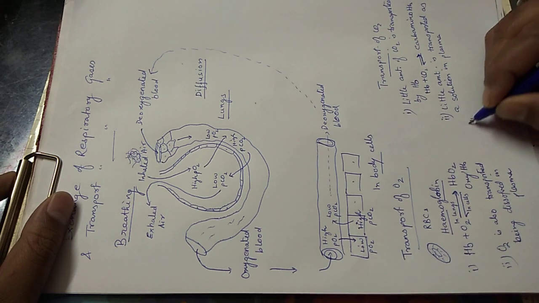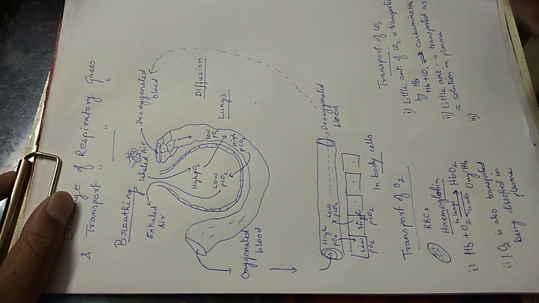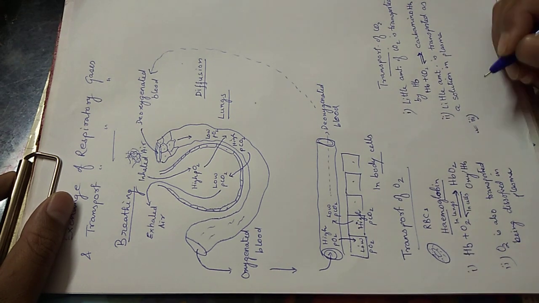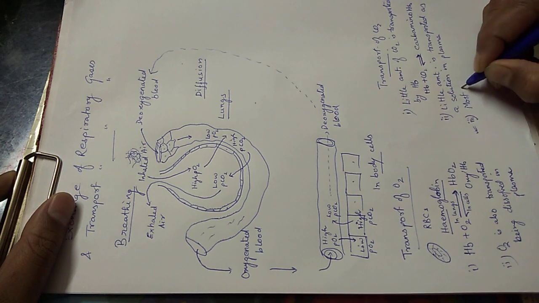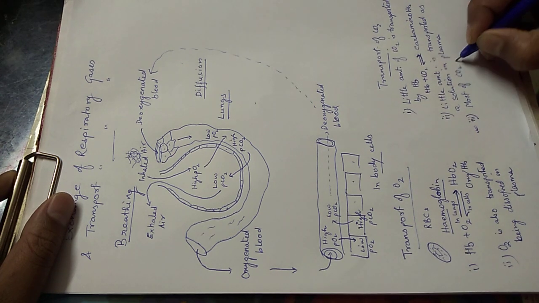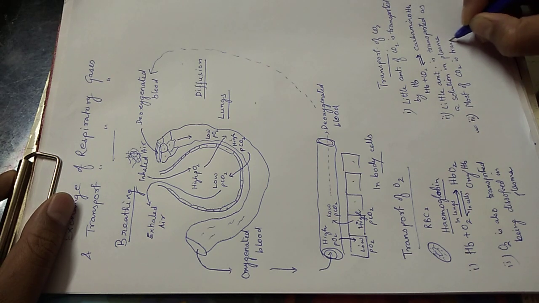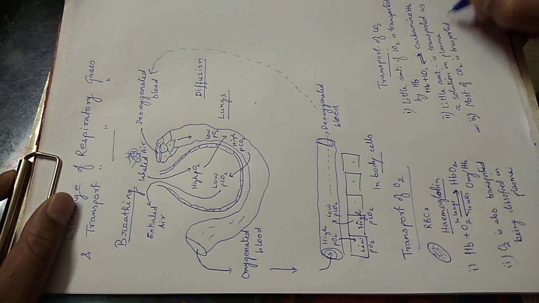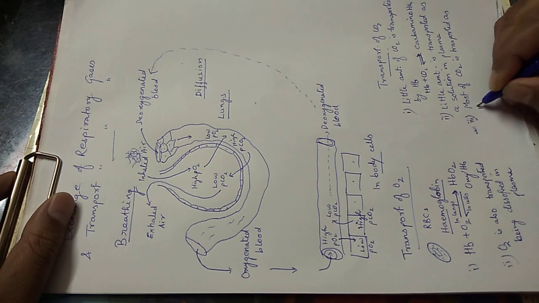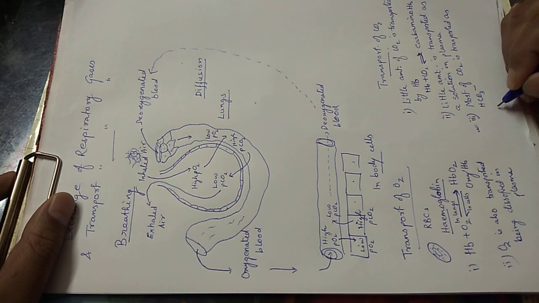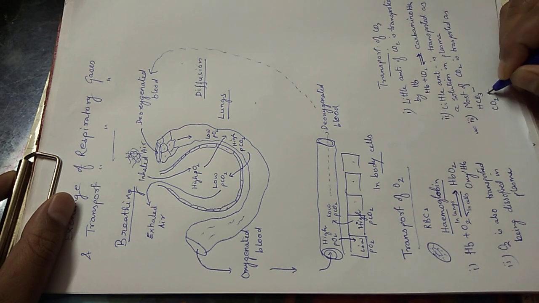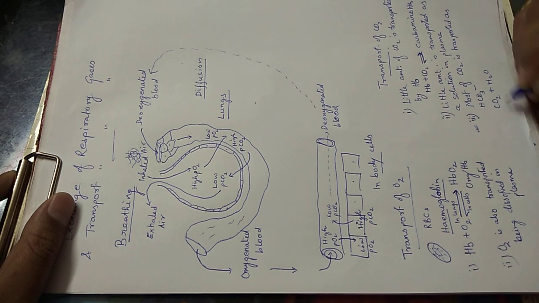The third and the most important way by which carbon dioxide is transported, most of the carbon dioxide is transported as bicarbonate ions. How does it form? Carbon dioxide will combine with water. This is a chemical reaction.